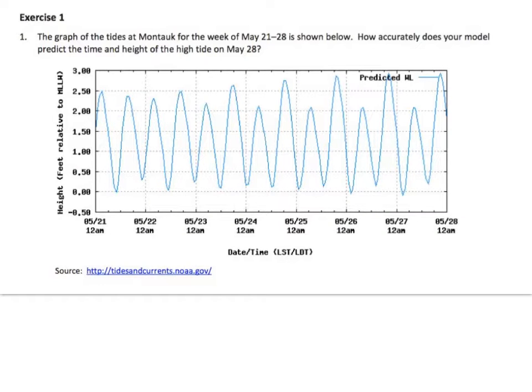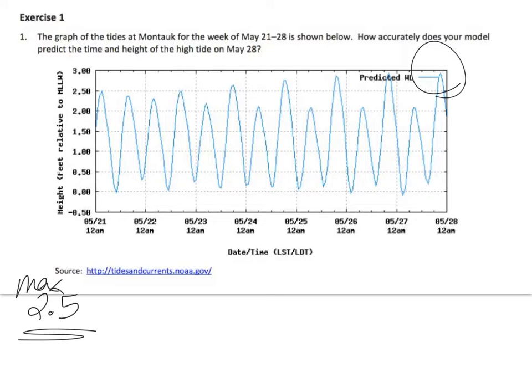So next, exercise 1. The graph of the tides at Montauk for the weeks of May 21 through the 28th is shown. How accurately does your model predict the time and height of the high tide on May 28th? The maximum value that we talked about before was 2.5.